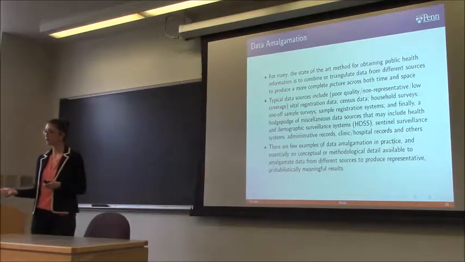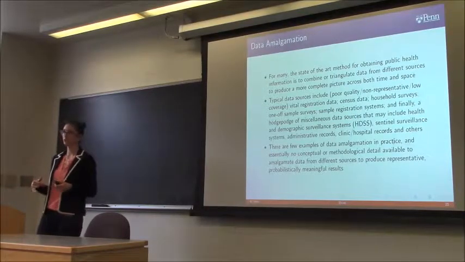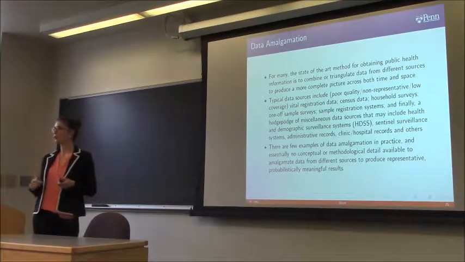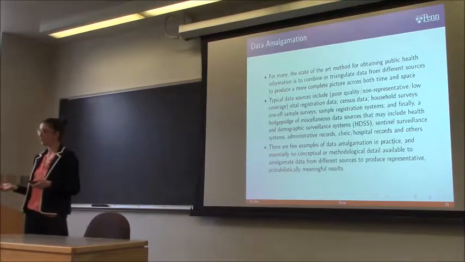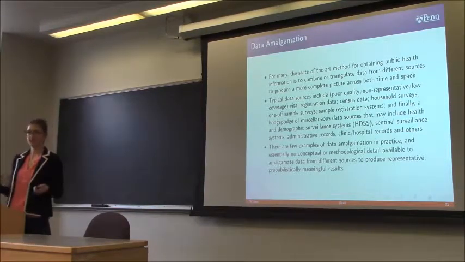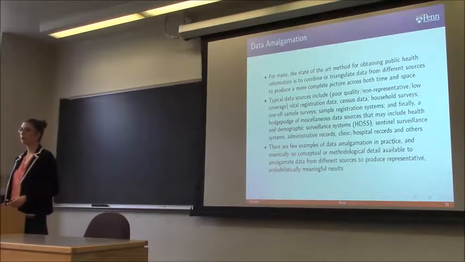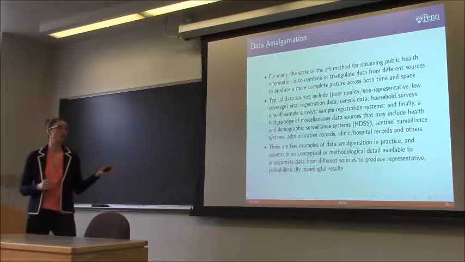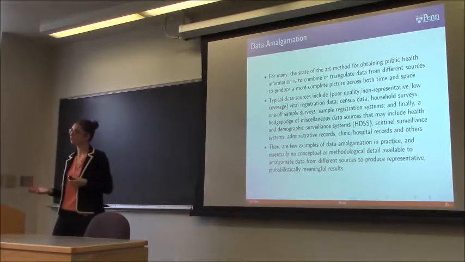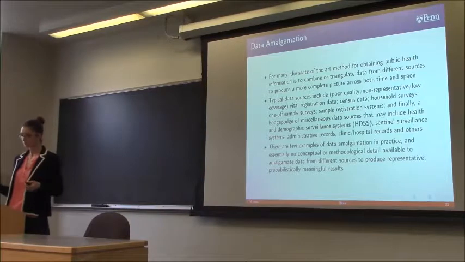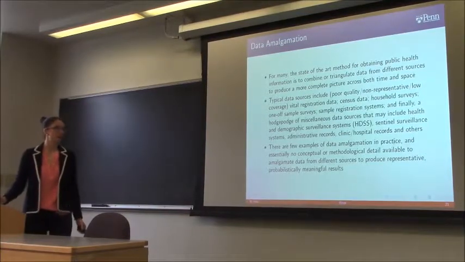There are sentinel surveillance systems, and there's actually a sentinel in the US right now that is used to monitor adverse health events in post-marketed drugs. There are administrative records, which exist even here, clinical and hospital records. If we're looking at sources in the US, there might be insurance information, and many, many others.